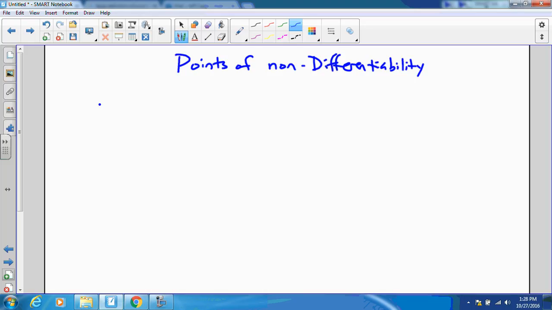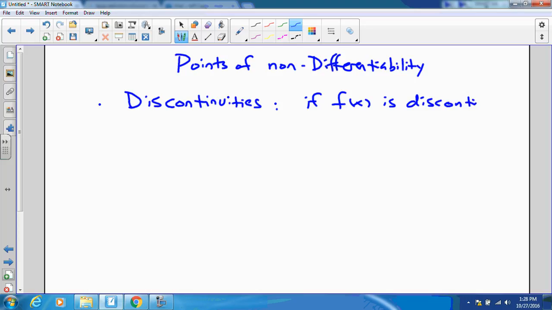And we said there were really 4 categories of non-differentiability that we considered. The first was discontinuities. If f of x is discontinuous at x equals c, then f prime of c does not exist.